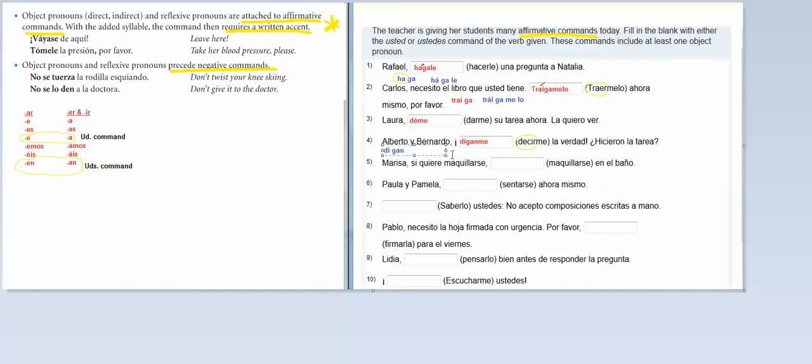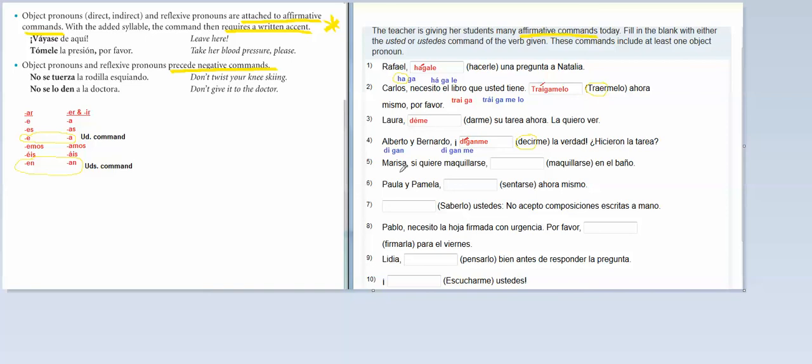When I add on the me part, it's digan me. I want it to still be digan me. So in order to do that, I need to write in an accent over that I so that I keep what originally was the second to last syllable accented, to keep the same stress as you had in the original word. So it should go right there.